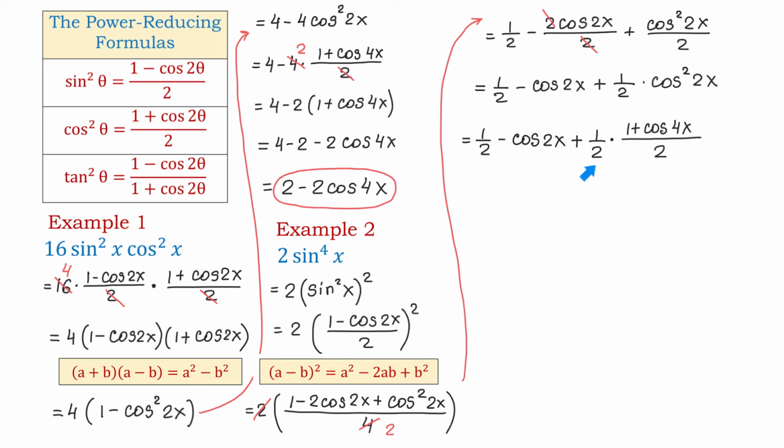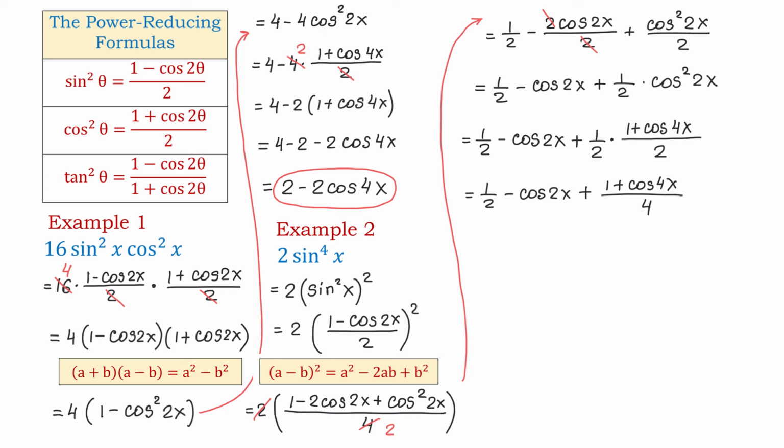Then here we have a product of two fractions, and in the denominator 2 times 2 is 4. So we can rewrite this as 1/2 minus cosine of 2x plus 1 plus cosine of 4x over 4.